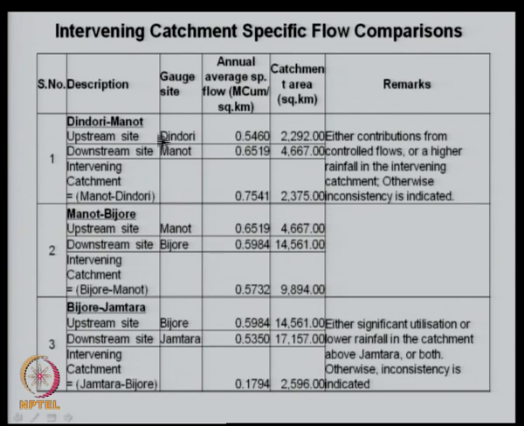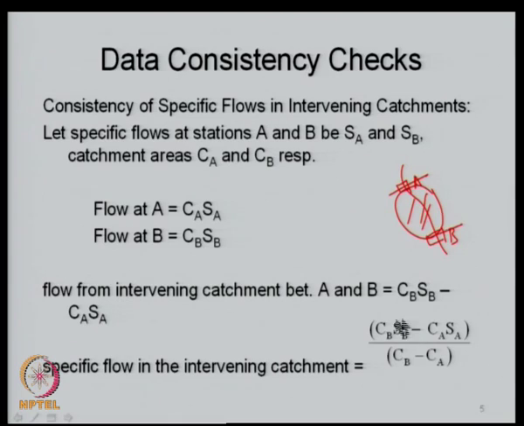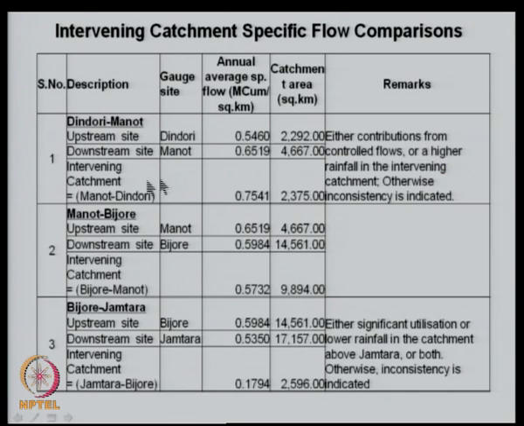If you look at the average annual specific flow, it is 0.546 at Dindori and 0.6519 at Manat, and the associated catchment areas are given. However, when you look at the intervening catchment specific flow by adopting this method, it is 0.7541, which is higher than either of these two specific flows.